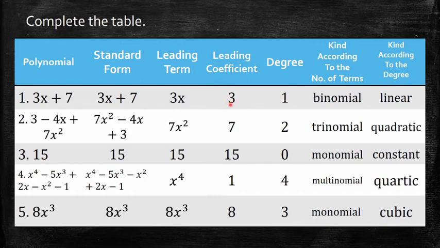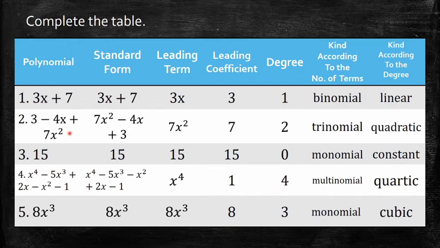When we say leading coefficient, it is the numerical coefficient of the leading term. So the degree is 1. And the kind of polynomial according to the number of terms, since it consists of 2 terms, 3x and 7, is a binomial. And since the degree is 1, we call it a linear polynomial.